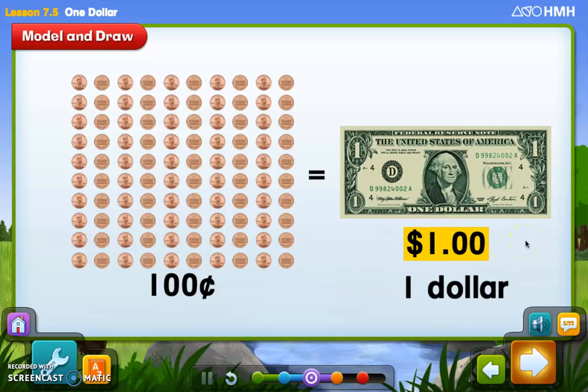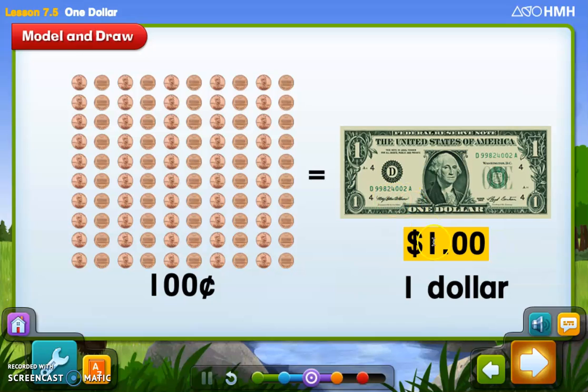And what you're going to notice in future lessons is, let's say we have more than just $1, right? Let's say we have $1.25. The reason why we write $1 like this is because if you do have extra change, then that number is going to go right where these zeros are. So let's say you have $1.30. The way you would write it is the dollar sign, 1, decimal point, and then your 30 cents.